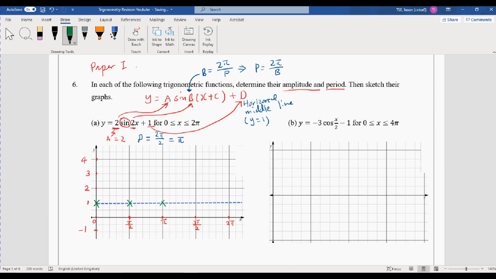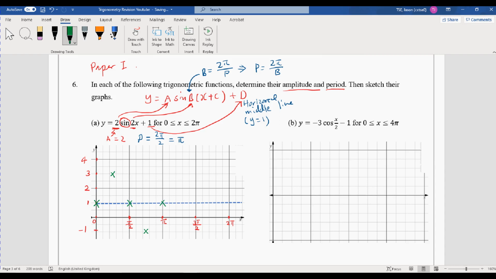It should be between 0 and pi over 2 in this case. The amplitude is 2, so you should have one more point there. From pi over 2 to pi, that's the lowest point there. So pretty much that's one period.